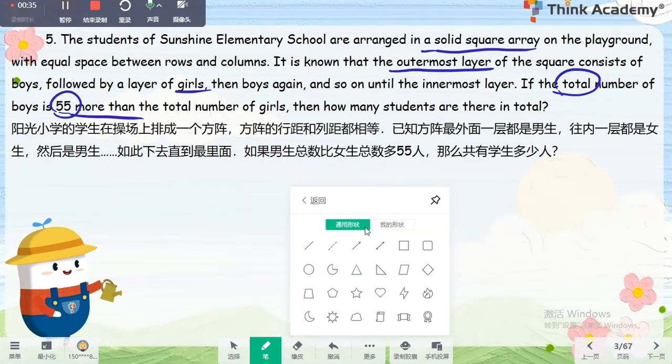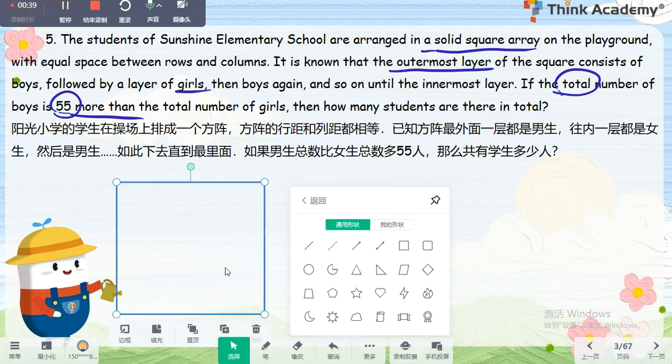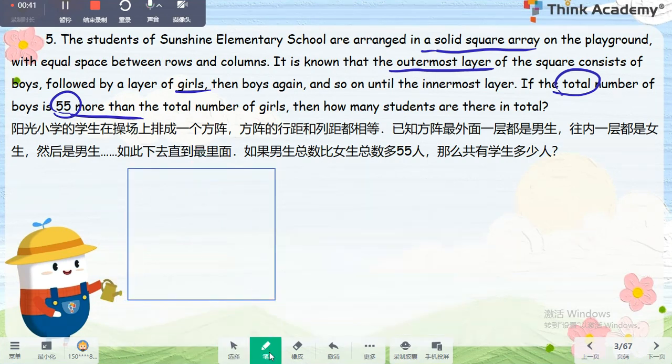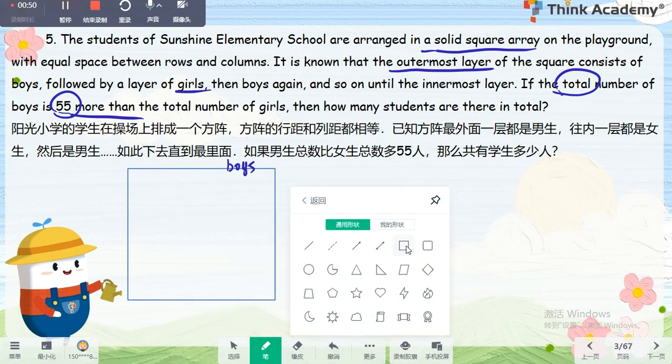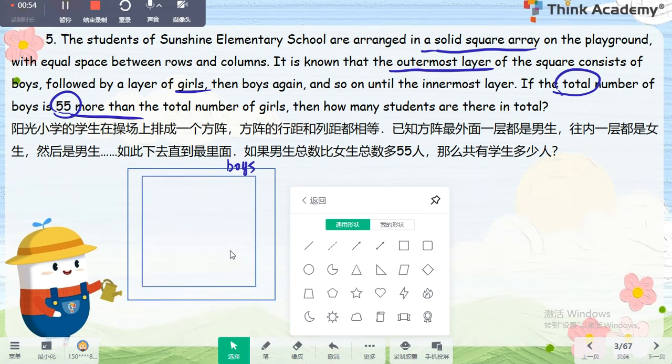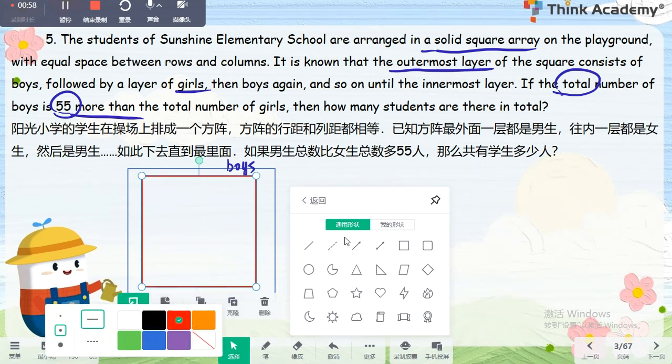In this question, it tells us first that the outermost layer is boys. And then in the next layer, they are girls.